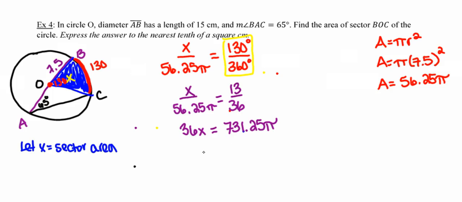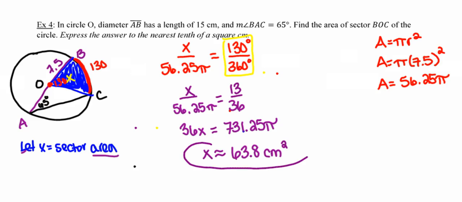When I divide both sides by 36, I end up finding out that to the nearest tenth, I end up with about 63.8. And again, x represents area, so I know that has to be in square centimeters or centimeters squared.